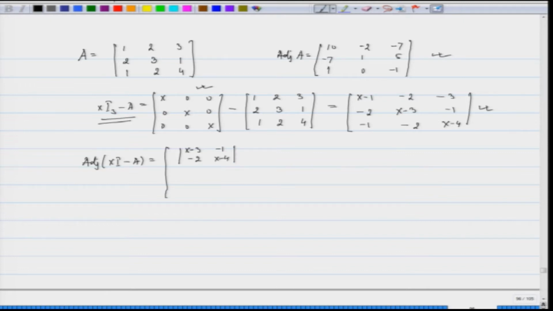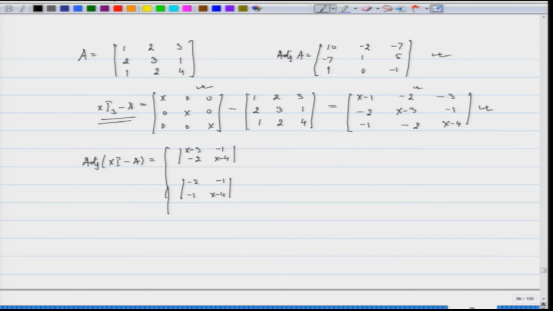Then I have to compute the corresponding entry. If I look at this entry, it is minus 2, minus 1, but I have to put it as a column here because it is a transpose, cofactor transpose. So I put minus 2, minus 1, and then minus 1, x minus 4 here.